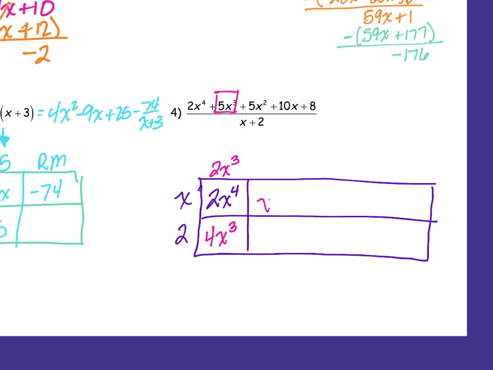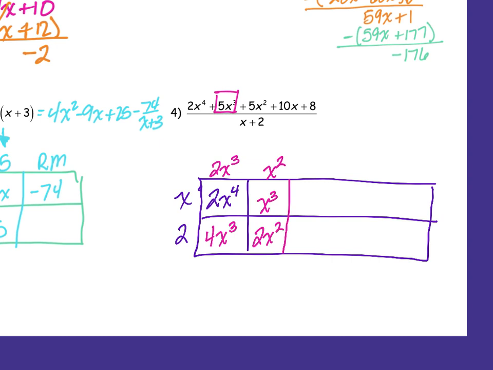X to the 3rd. So what do I multiply x by to get x to the 3rd? X squared. And x squared times 2 is 2x squared.